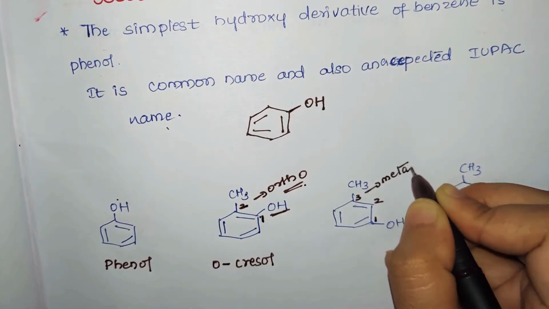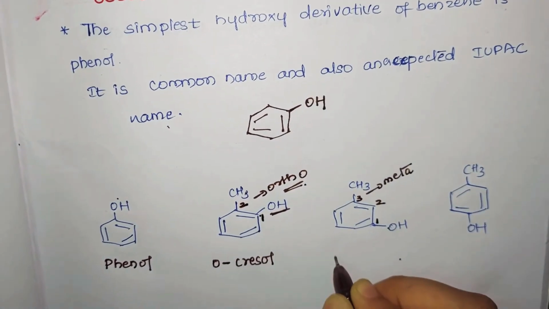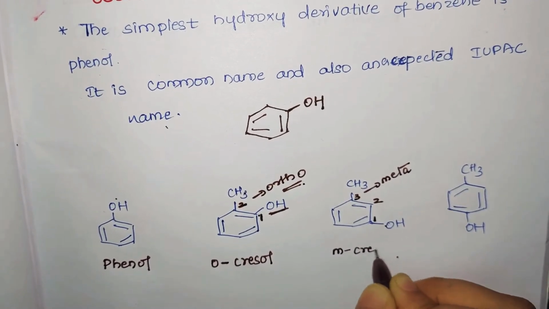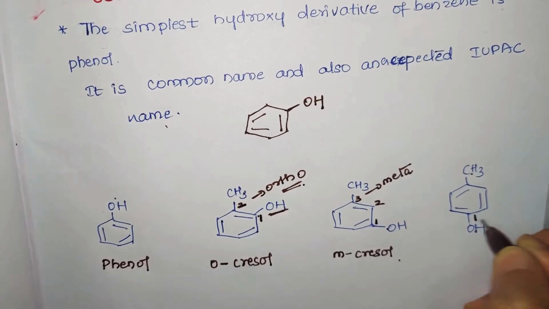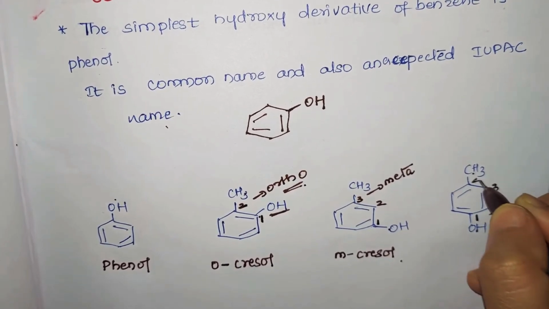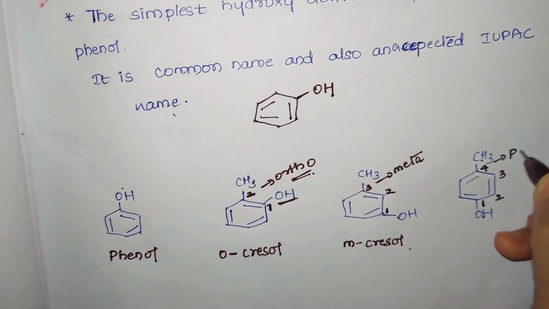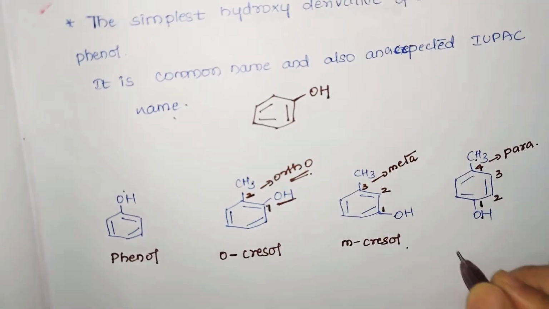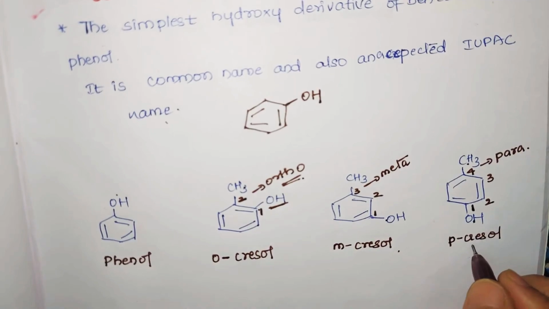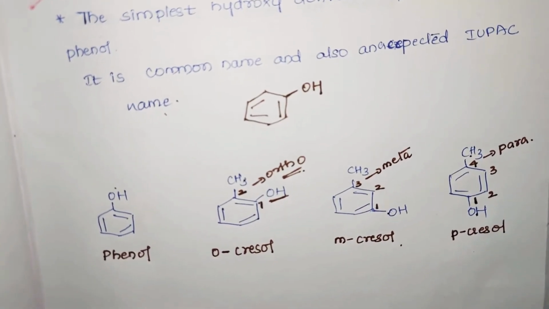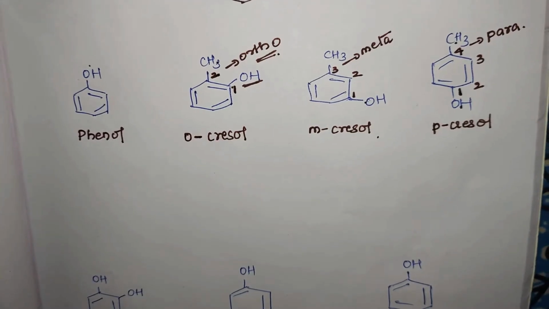We call it meta position and the common name here will be metacresol. And in the next structure, we observe that CH3 is present on the fourth position with respect to OH. It is called para position and we call it as what? Paracresol. So these are the common names. Remember when CH3 is present on phenol, it is called cresol.